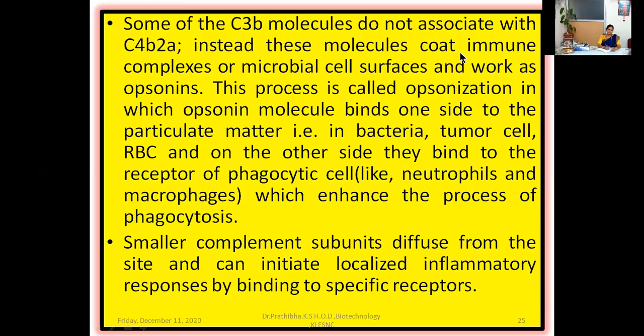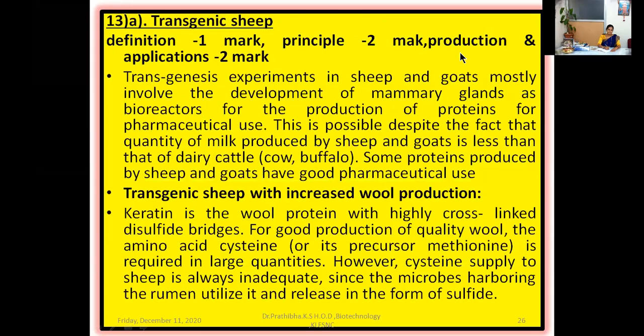This process is called opsonization, in which the opsonin molecule binds on one side to particulate matter, that is bacteria, tumor cells, RBCs, and on the other side to the receptors of phagocytic cells like neutrophils and macrophages, which enhances phagocytosis. Smaller complement subunits diffuse from the site and can initiate localized inflammatory responses by binding to specific receptors. Okay, that is about the complement system of the classical pathway.